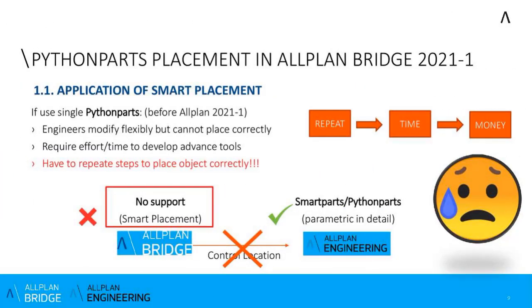We also have some parametric objects in Allplan, like SmartPart and pythonpart, where you can enter a new value for the dimension. But with this type of object, Allplan Bridge could not support the function to place it correctly. For Allplan versions before 2021.1, we cannot place them like a smart symbol.